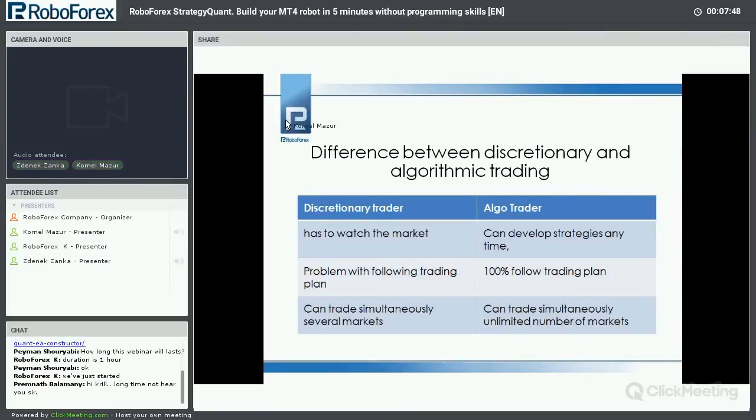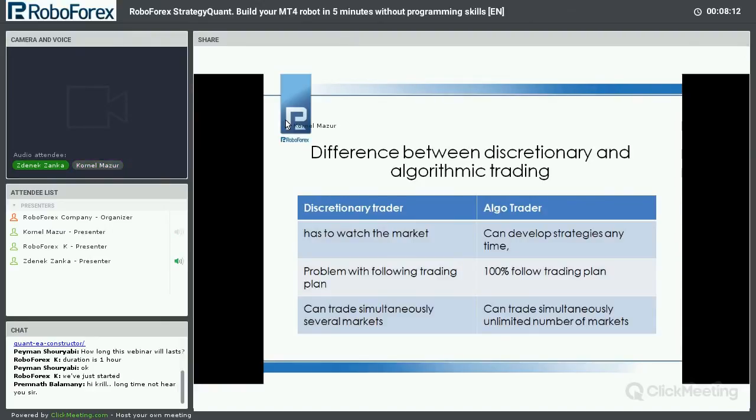This is what it is about. I can do it whenever I want, and then I spend certain time developing algorithms. For example, you can do it after your job if you are not a full-time programmer, or during the weekend or whenever. So this is the first difference, and in my opinion, it's really important.